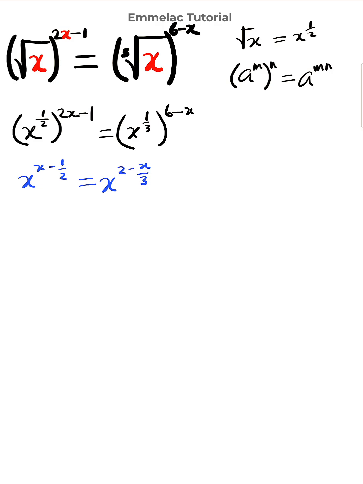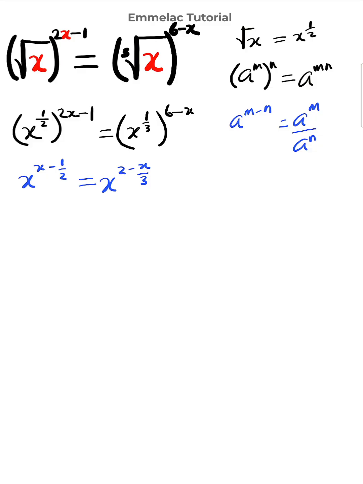Let us also recall that according to the law of indices, when you have a raised to m minus n, this is the same thing as a raised to m over a raised to n. If you take a look at the equation, you can see this is similar to this rule, so we just apply that same rule.